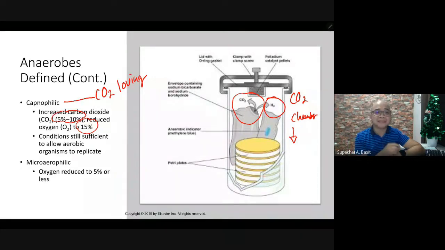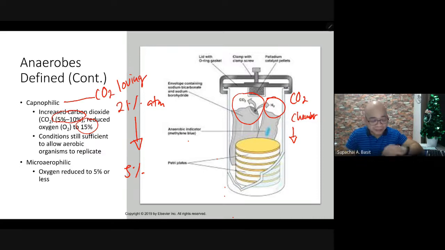Now, some organisms are classified as microaerophilic. When we say microaerophilic, it means that the oxygen is reduced to 5% or less. So from 21% in the atmosphere, for microaerophilic, it would only require 5% oxygen.